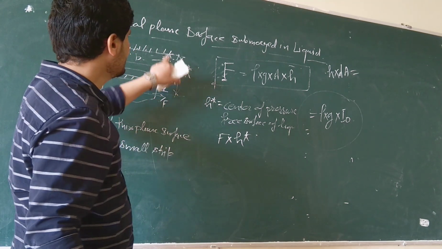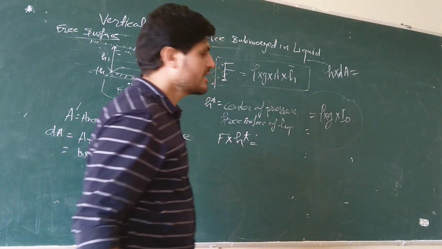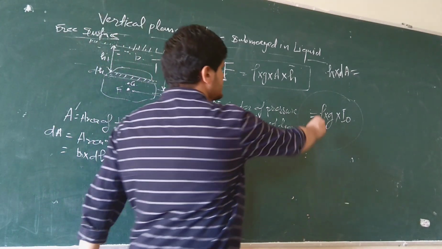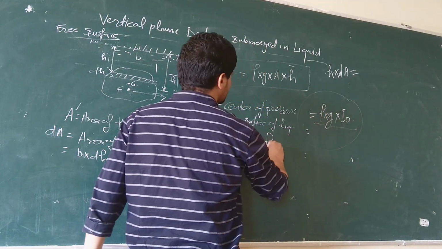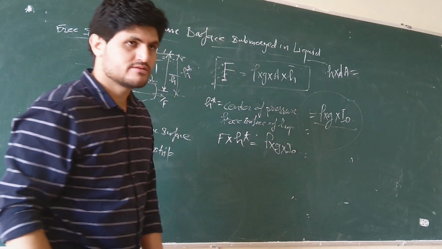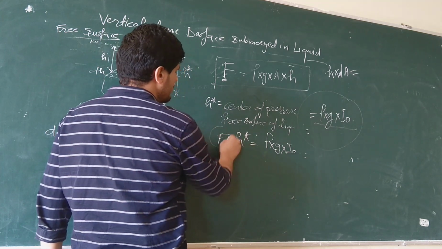So F multiplied by h star is the moment. It will be equal to the sum of the moment produced by individual forces. So this we have calculated here. So this is equal to rho into g into I naught. Okay. So from here I can calculate what is your F now.